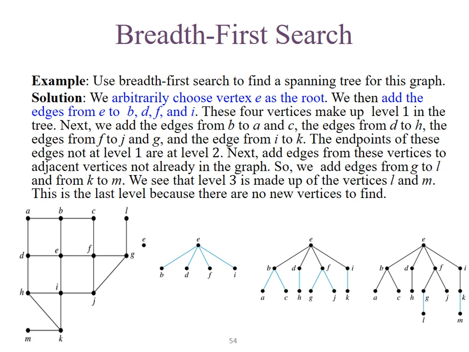Okay, and then to build the spanning tree, we discover all possible vertices adjacent to E. So in this case, we can visit B, F, I, because these four vertices are adjacent to the vertex E. So in this case, we build a tree like this.